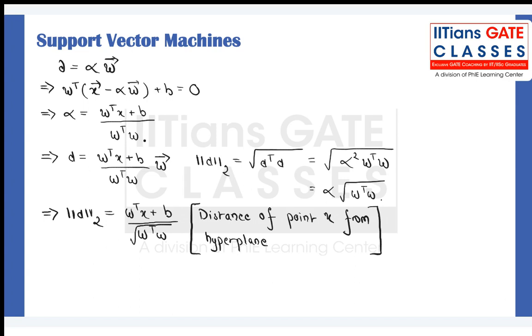Now the margin denotes the minimum distance. So the margin gamma given W and B will be, for the X that gives the minimum, W transpose X plus B divided by the L2 norm of W. That is my margin.